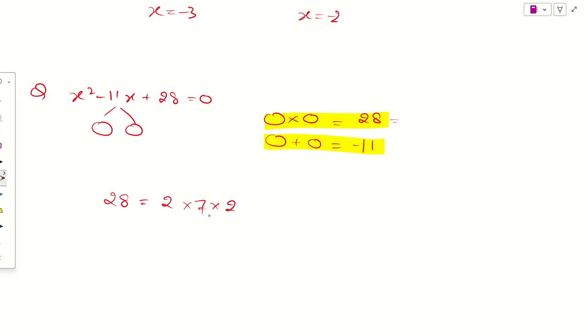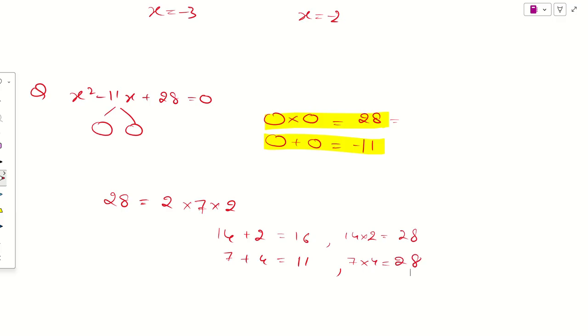So if I multiply 2 into 7, 14 plus 2, it will be 16, and 14 into 2 will be 28, right? And if I do 7 and 2 into 2, 4, from here you have 11, and 7 into 4 is 28.